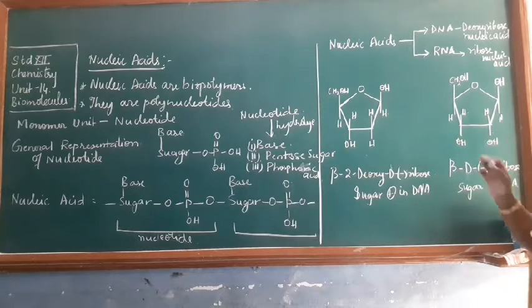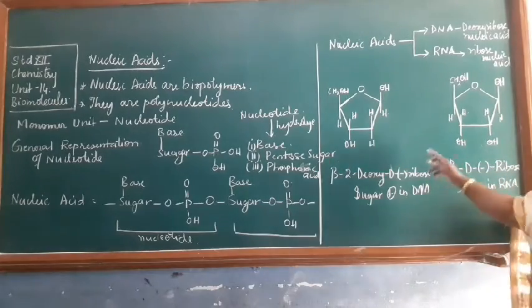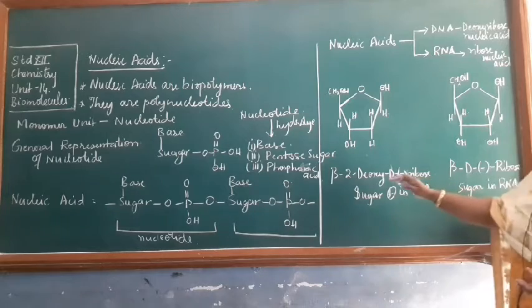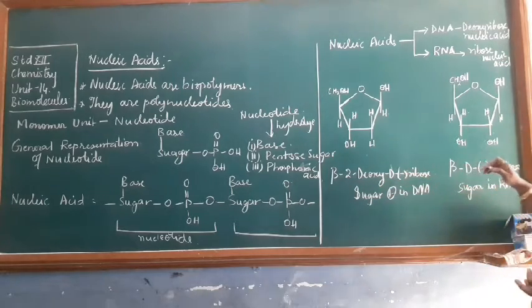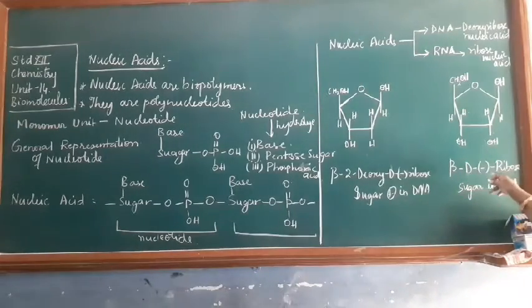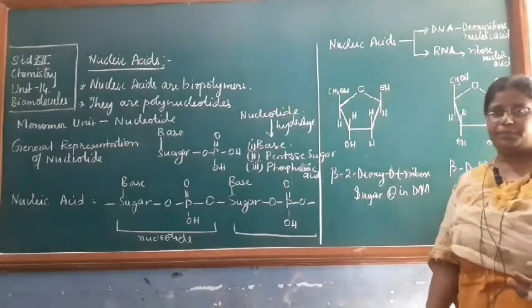Rest everything remains the same. So this is the only difference between the pentose sugar in ribonucleic acid and in deoxyribonucleic acid. The difference is at carbon number 2.